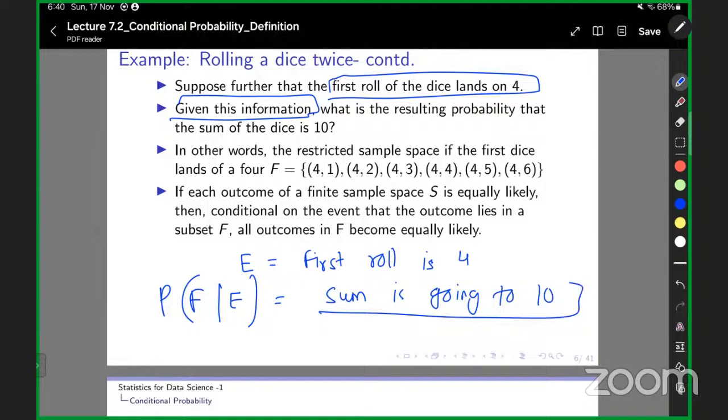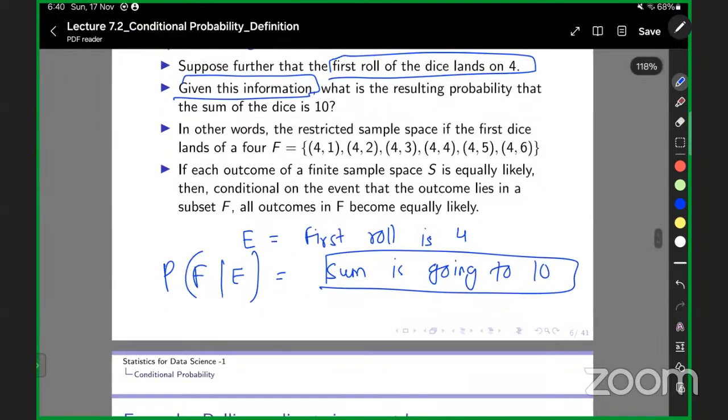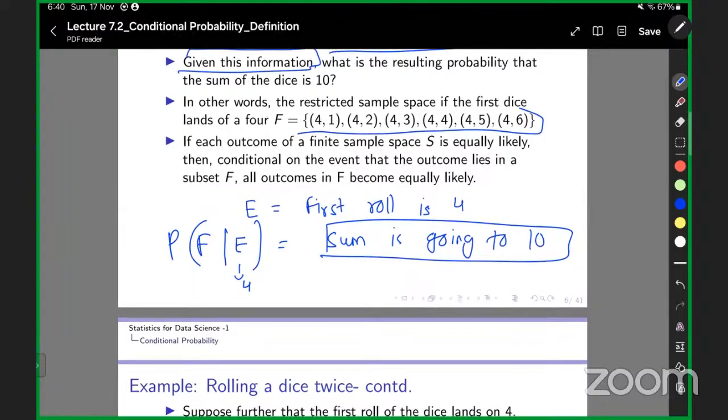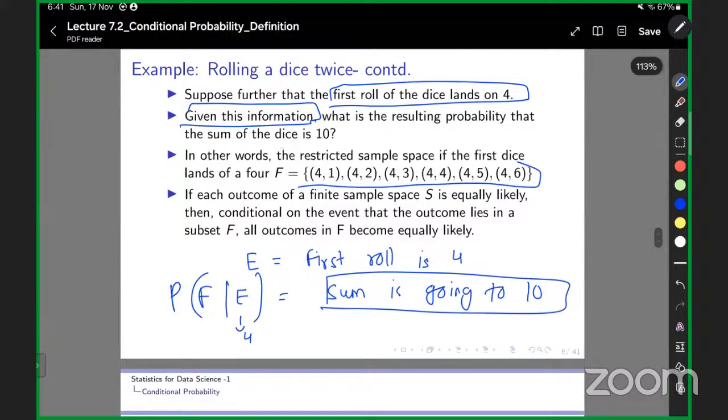Okay, so we wanted to figure this out, and you can see we can write the sample space, all of them, right? Let's say 4 1, because initially for E we got 4. Now what can happen in the second die? Anything can come up, 1 to 6. Now they're asking us to find the probability that the sum is going to be 10.